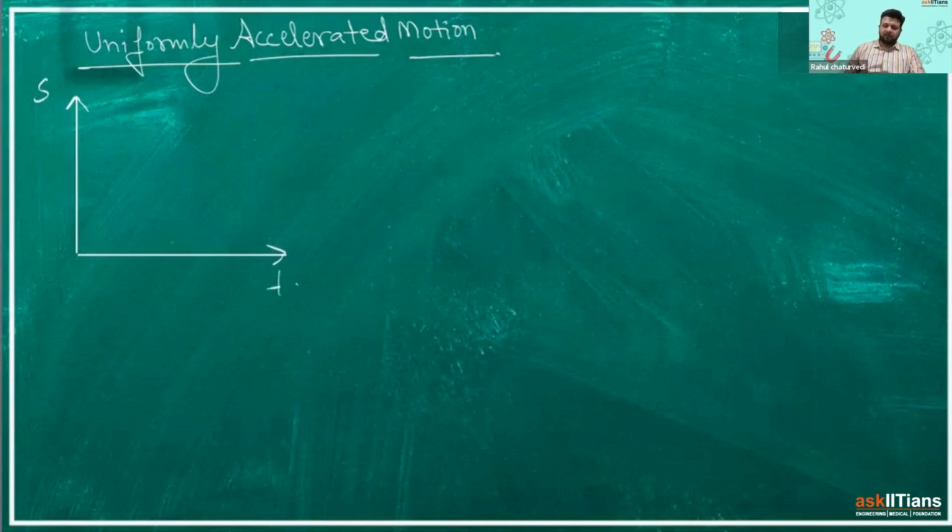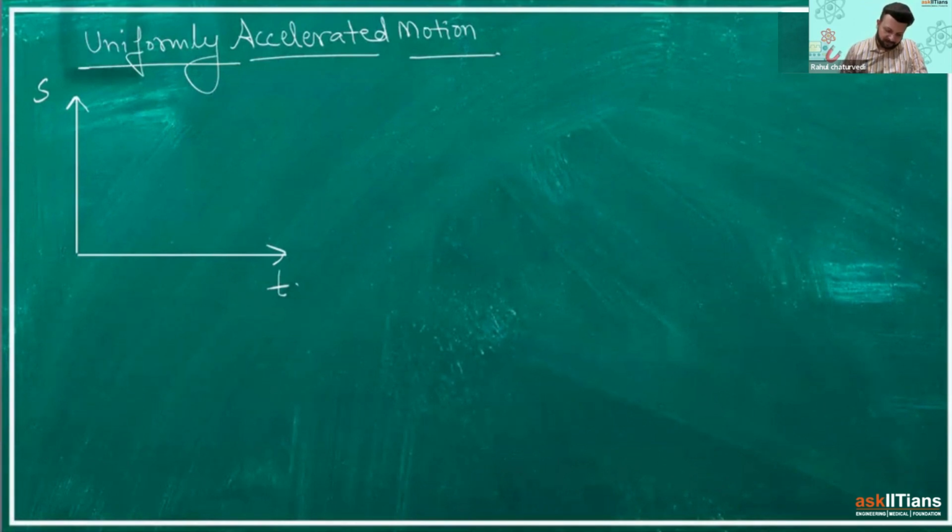For the ST graph, in uniformly accelerated motion, the position is changing. Since there is an acceleration, the velocity is not constant. Velocity is either increasing or decreasing, right?